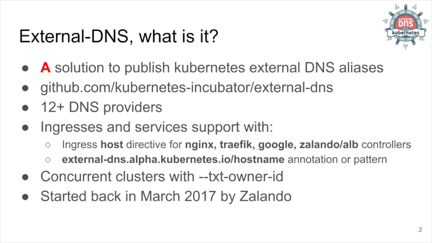The second way is with the service, so if you're using a service and assuming you're publishing the service to the outside, so for instance if you create a service of type load balancer, then you can also register an annotation with the service, and external DNS will use the host name to register it. There are other ways to do that, but that's probably the main one.